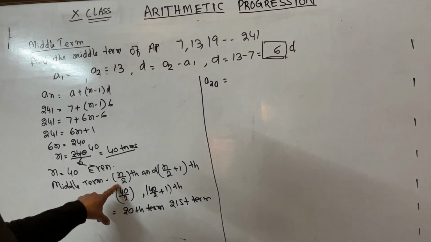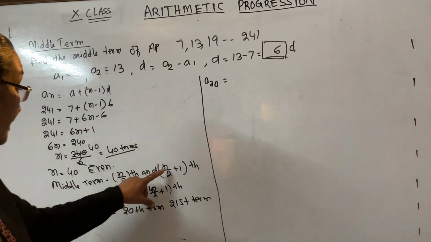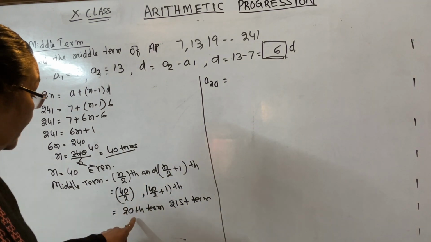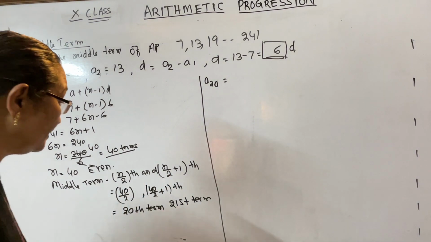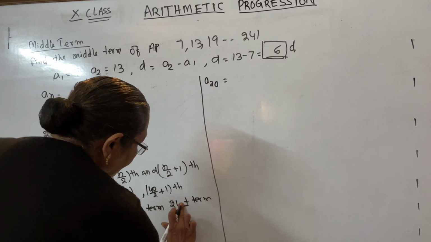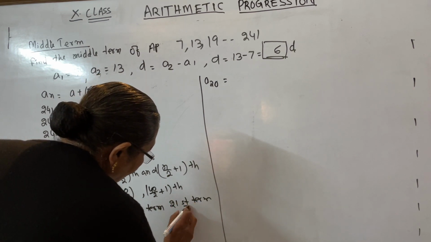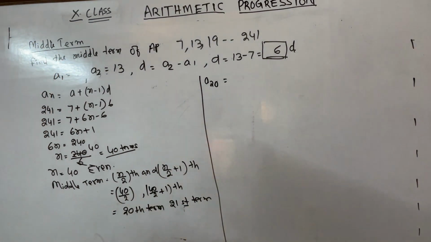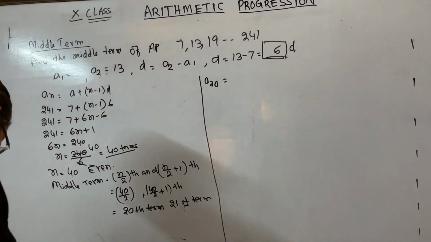The formula we did in 9th class: n upon 2 and n upon 2 plus 1, that is the 20th term and the 21st term. Okay, now let's find the 20th term and the 21st term.